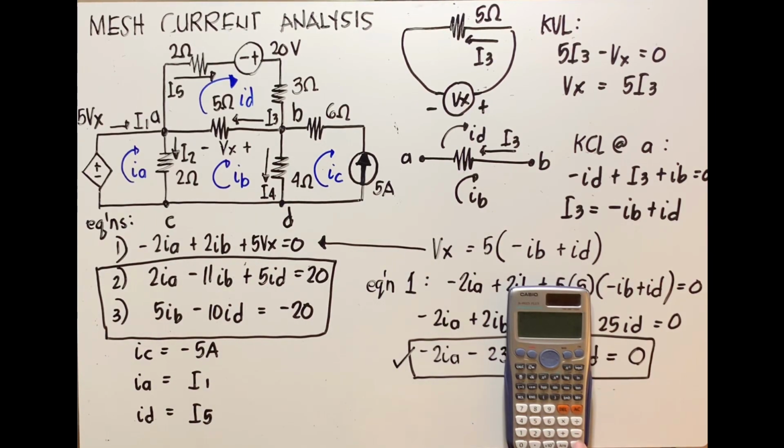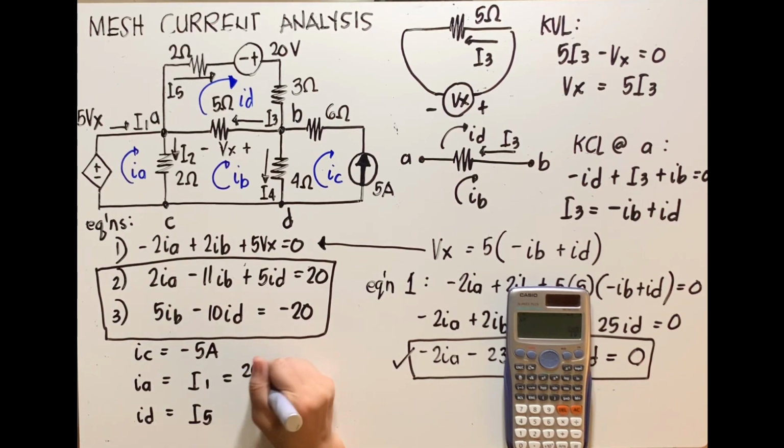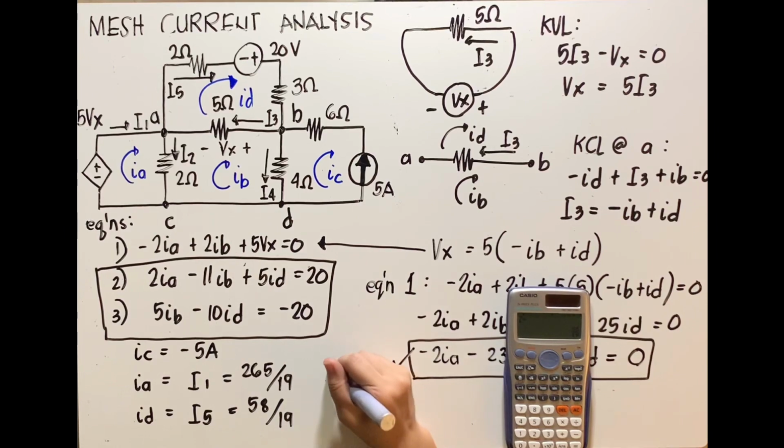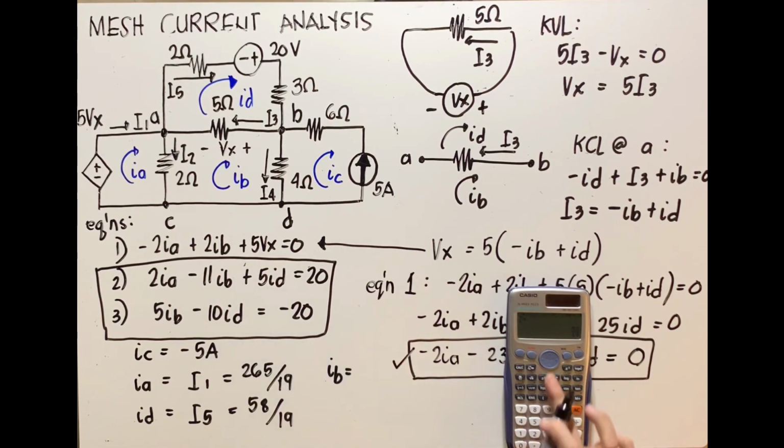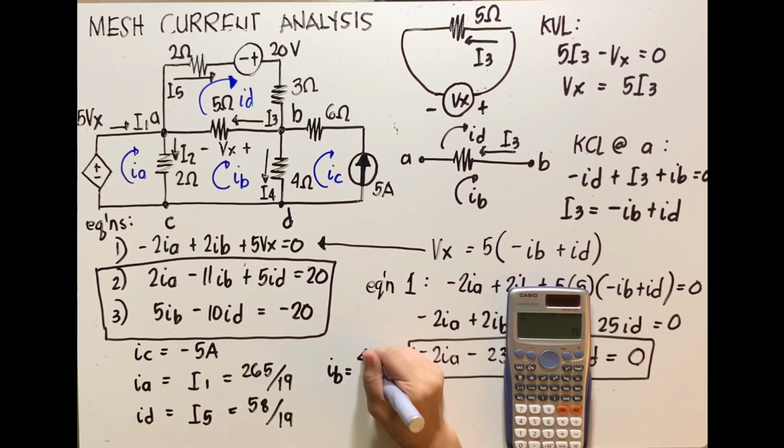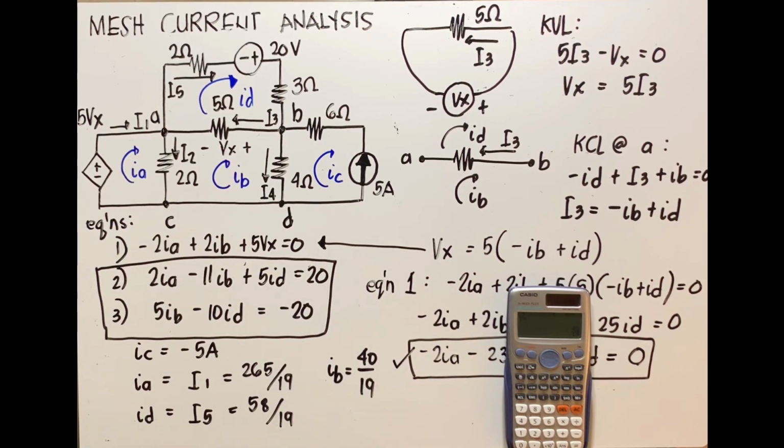IA, what's IA? 265. Ito na yun. 265 over 19. Then we have IB. And then ID is 58 over 19. Tapos isulat na lang natin dito na si IB ay 40 over 19.